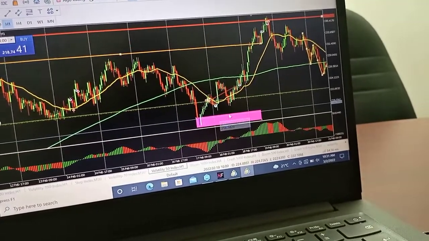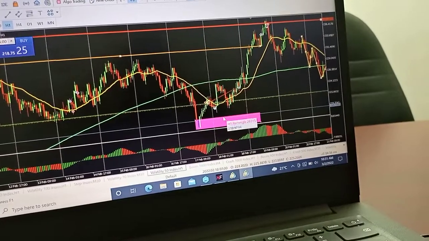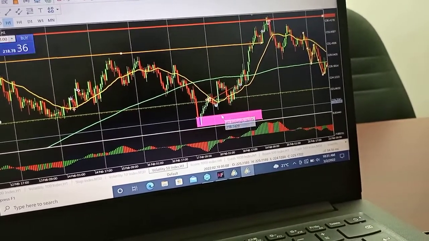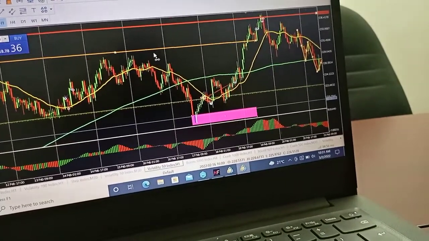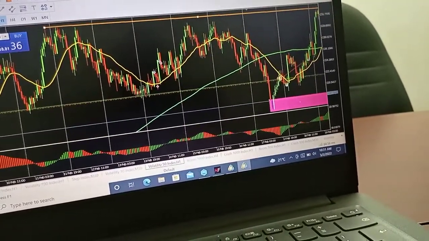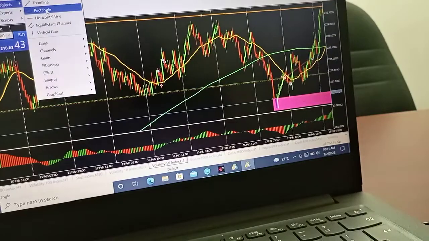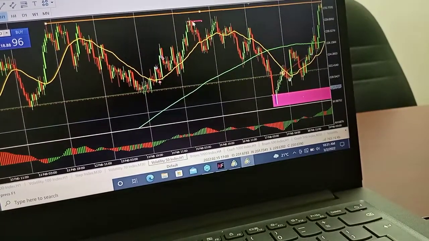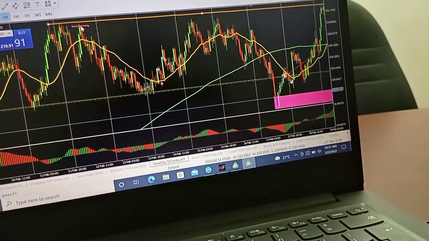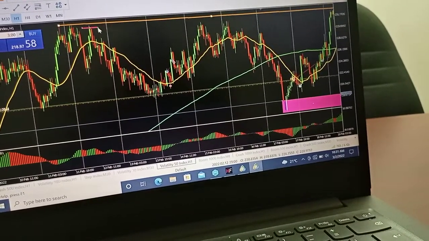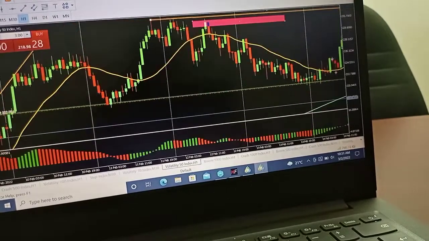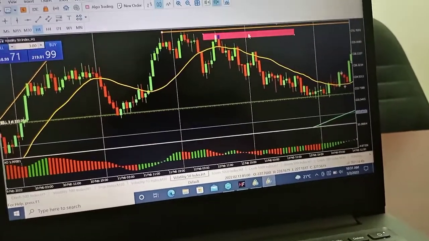Once the market touches here, you can put a buy limit. You are going to be triggered in the entry, and then the market can go up. If it's a bearish engulfing, maybe like in this area, so this is a bearish engulfing, like this one.